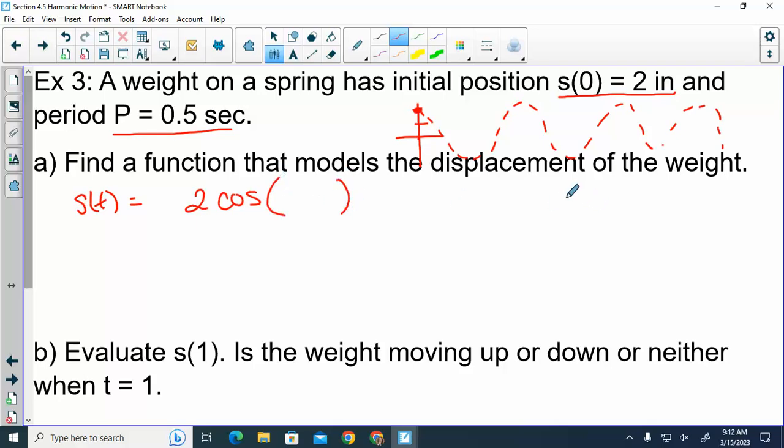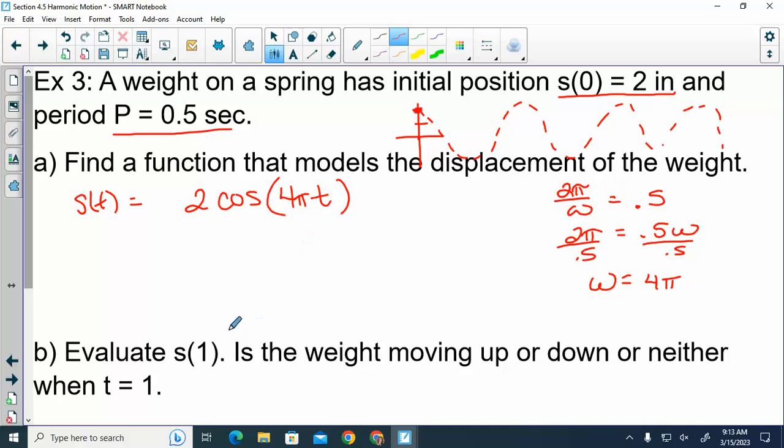So the period is 0.5 seconds. So 2 pi over omega equals 0.5. Divided by 0.5, so you get omega equals 4 pi. So it's 2 cosine of 4 pi t. That's our equation.